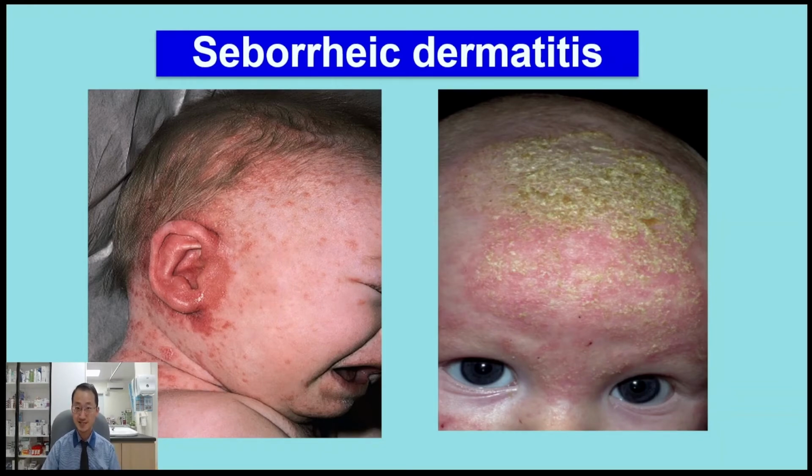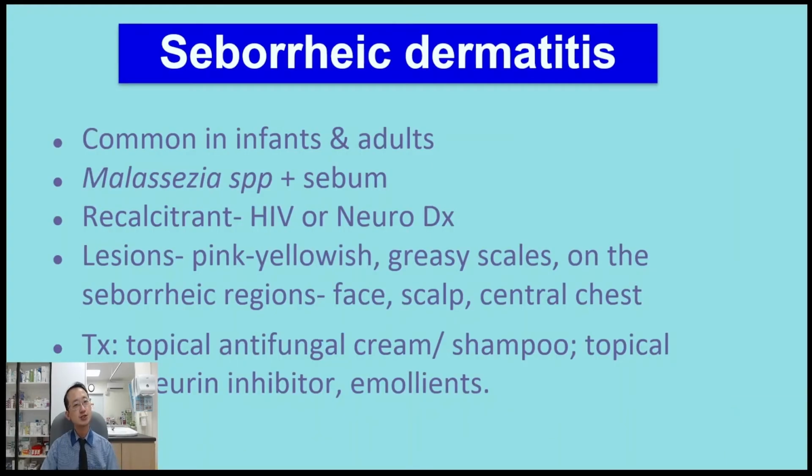You can see all these yellow crusting over the scalp regions, and these are actually all caused by a yeast known as Malassezia species. They eat out the sebum. Somehow they have a lot of inflammation when they eat out this sebum.